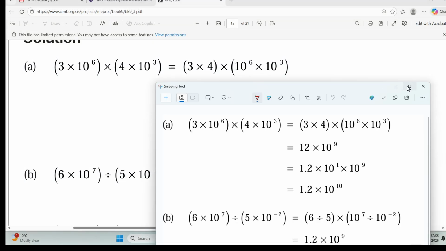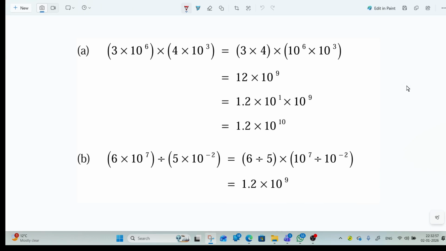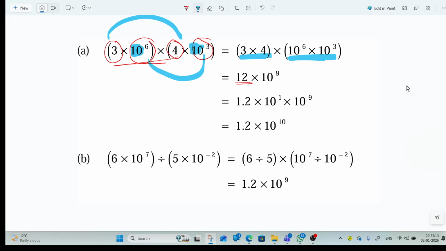For example, here just multiply the numbers without exponents: 4 times 3 is 12, right? Then they both have the same base, 10 and 10. We write the numbers together, 4 and 3, and the exponent parts together. Here we have the same base, so we just add the powers: 6 plus 3 is 9.